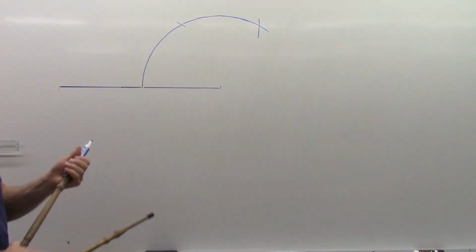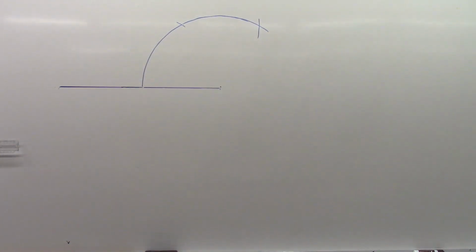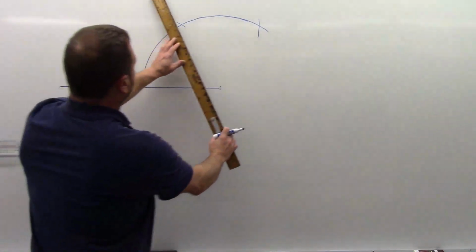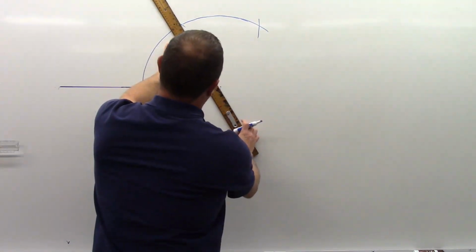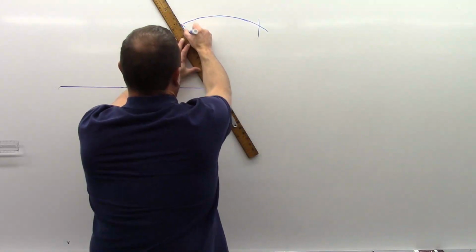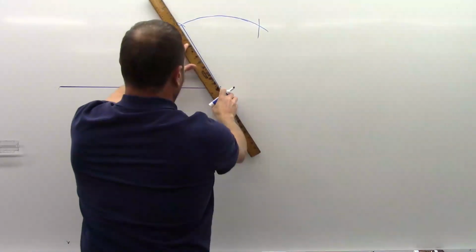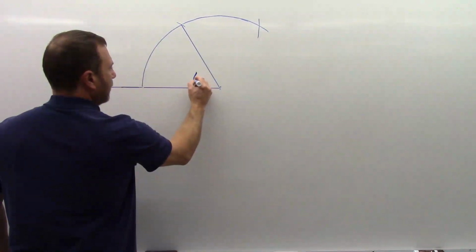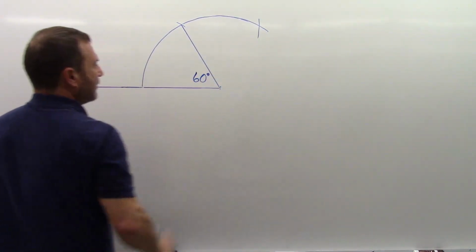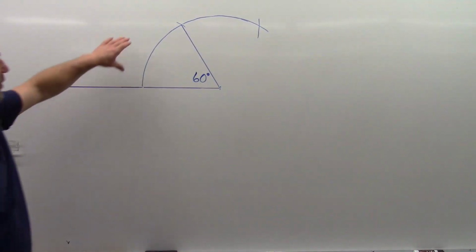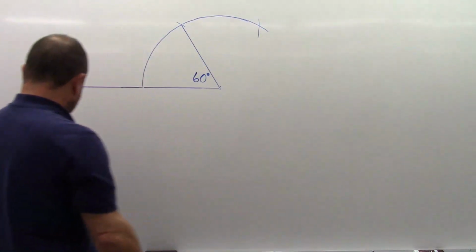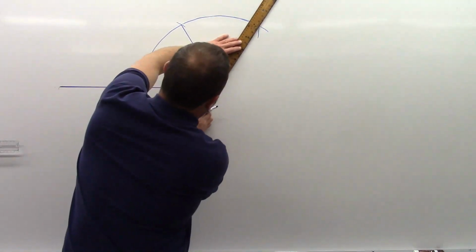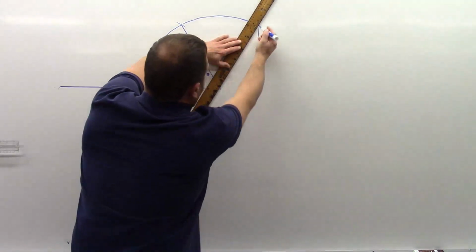So when we draw in a step off, what we've done here, I'm going to draw it in to show, is every time we take the radius of a corresponding circumference, we create an angle here. And what we create is 60 degrees. So every time we step that off, it's 60 degrees. So I have two 60-degree points here.